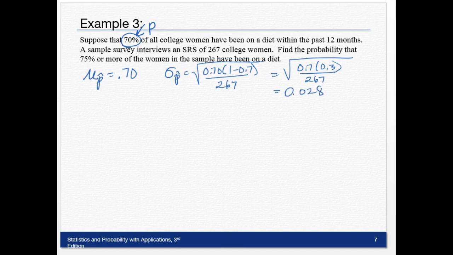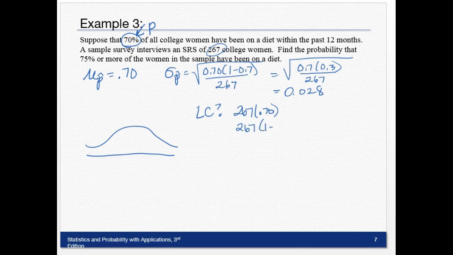Now you would draw a picture and visualize what's going on. We need to check whether we can use this, so we have to figure out if it passes the large counts test. We do n, which was 267, times 0.7, and 267 times 1 minus 0.7, and see if these are greater than or equal to 10. If they are, we can use our normal distribution.